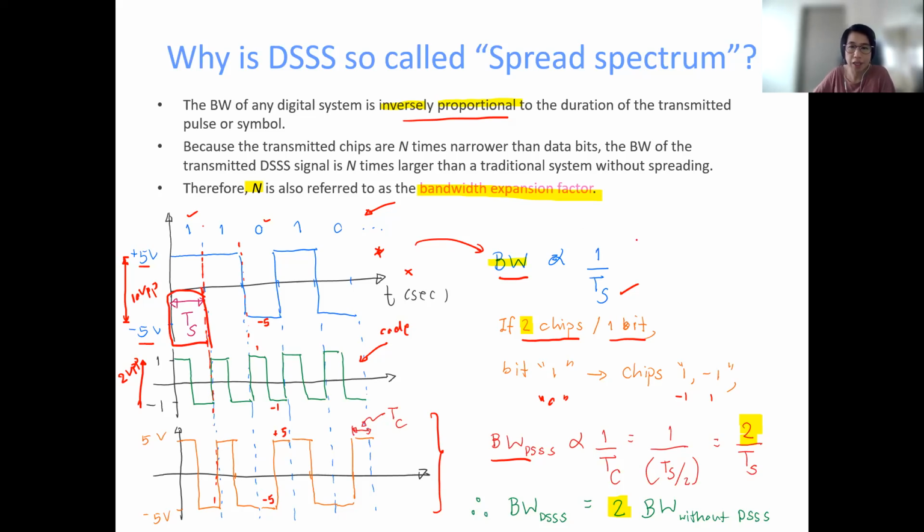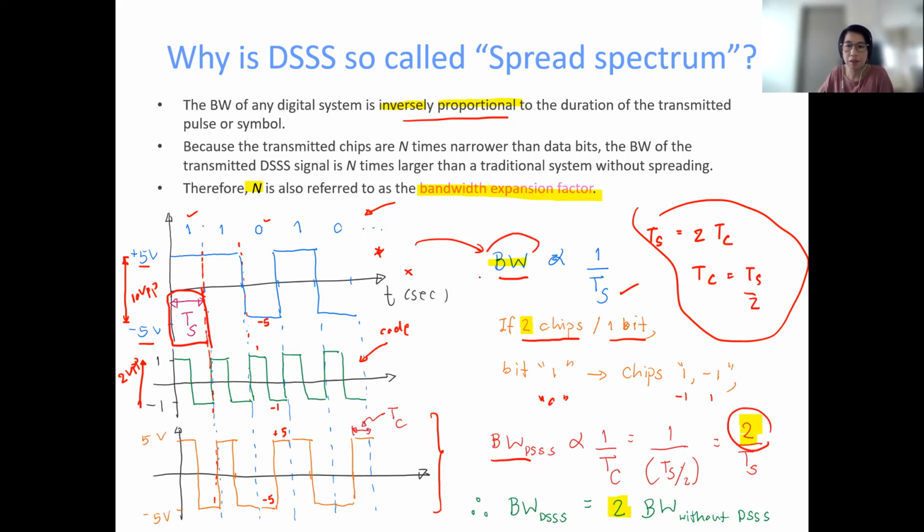Then if you want to find the bandwidth of the direct sequence, you know that Tc is equal to Ts divided by 2, or you move the 2 up here, right? So you can see that the bandwidth of the direct sequence is 2 times the original bandwidth of the signal.